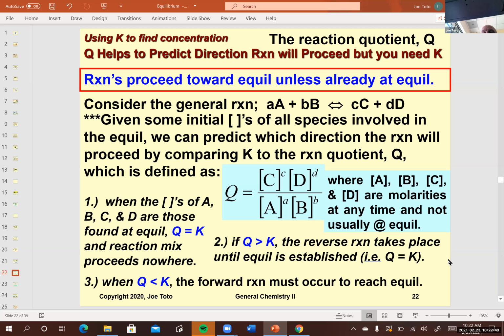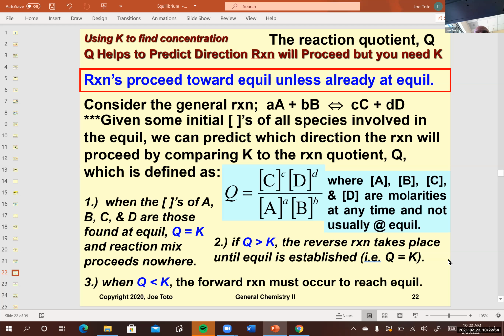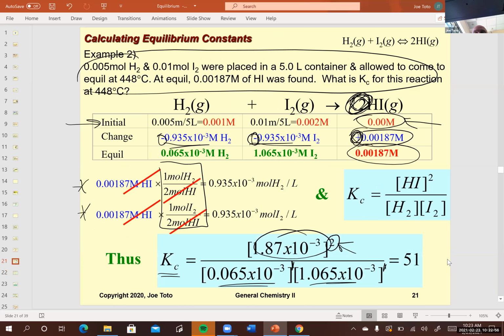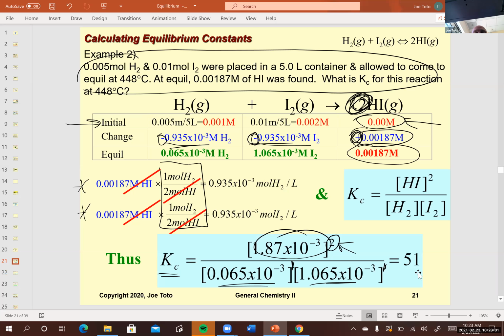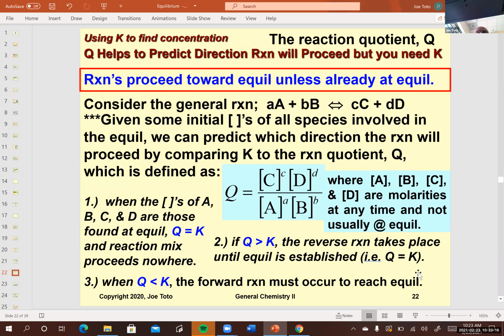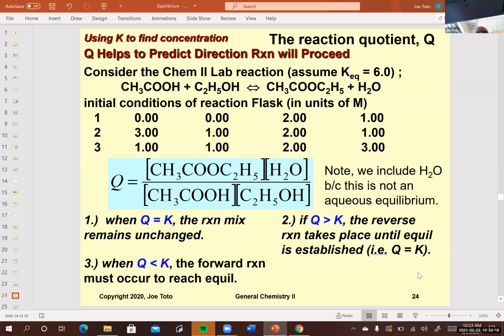And then we just ended up here. Now this is right before we get to the type C problem. Now the type B equilibrium problem, the ones that we were looking at back here, remember, for this type, they give you some initial conditions and then one at equilibrium and ask you to calculate the equilibrium constant. Type C equilibrium, let me skip through this Q stuff.